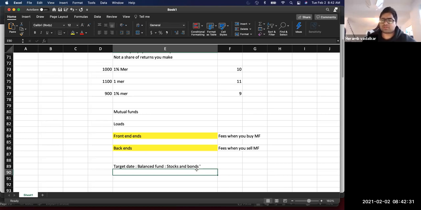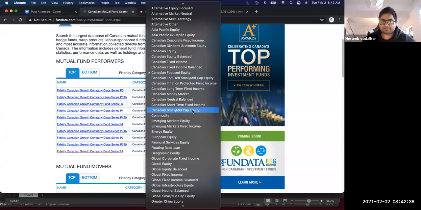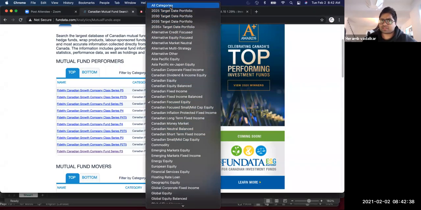So it is good. It is generally used for retirement purposes. The first type you see is a 2025 target date fund, that is just 5 years away, so it will have much higher bond allocation. Then you have a 2035 target date fund, that is 15 years away, right? The maturity is 15 years away, so you have much higher stock allocation.